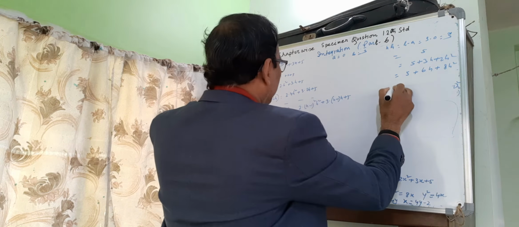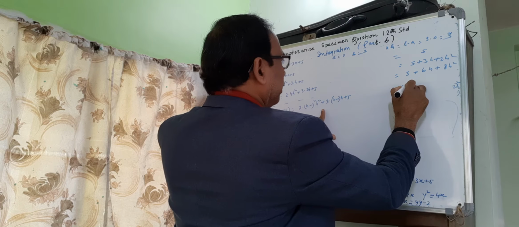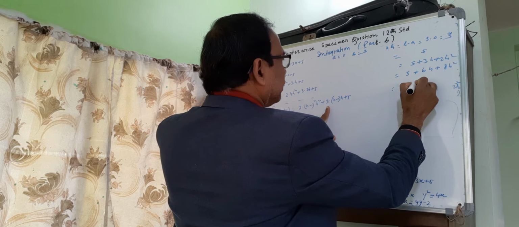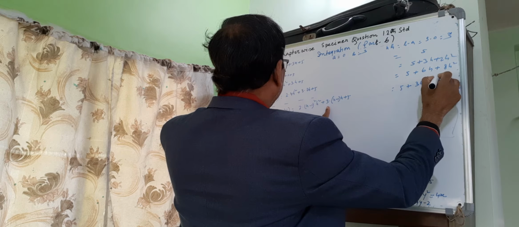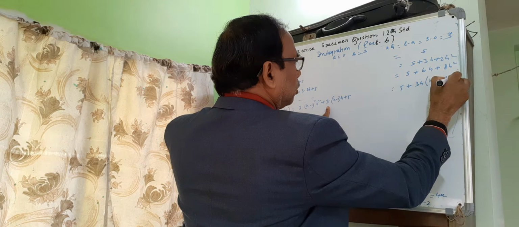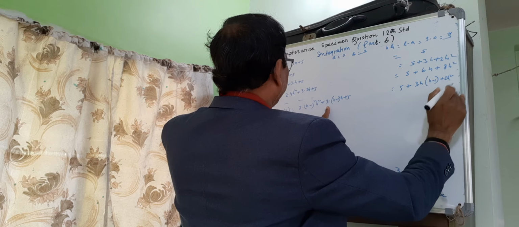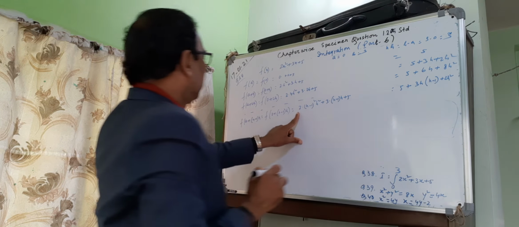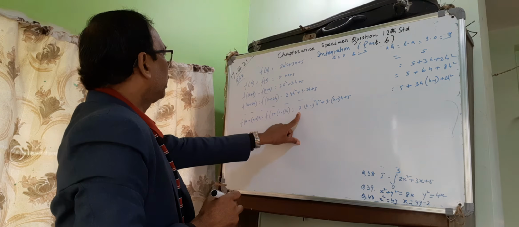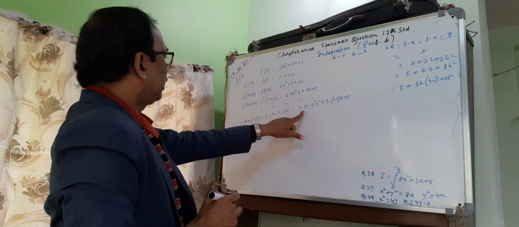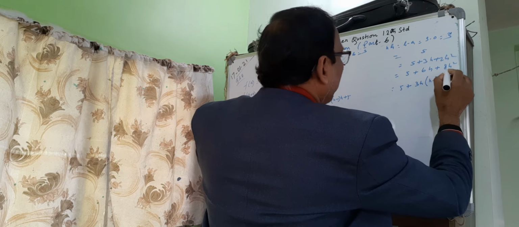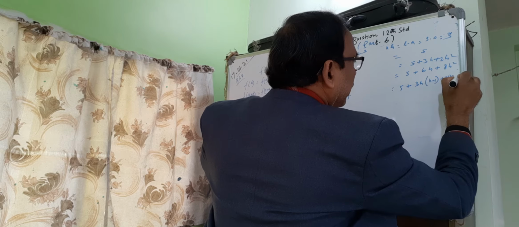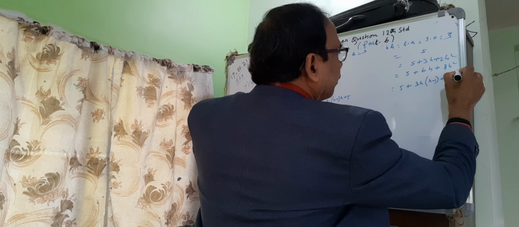Now arrange it: 5 plus 3h into (n minus 1) plus 2h square into (n minus 1) whole square.